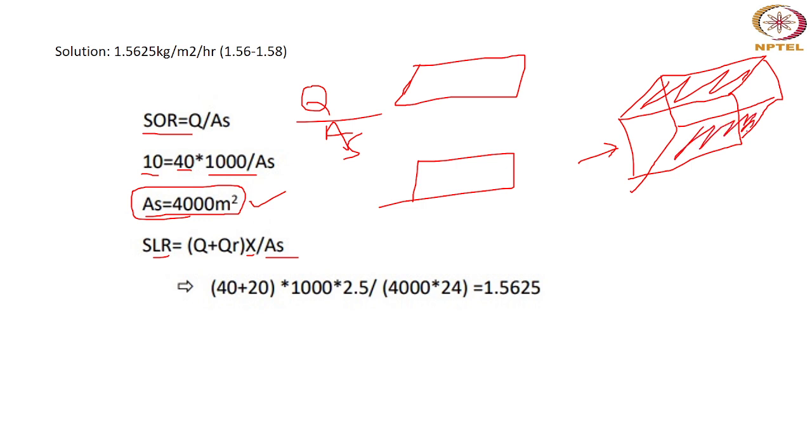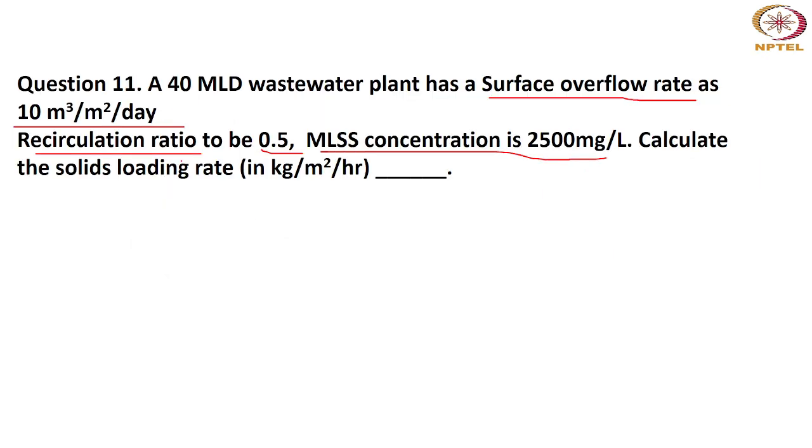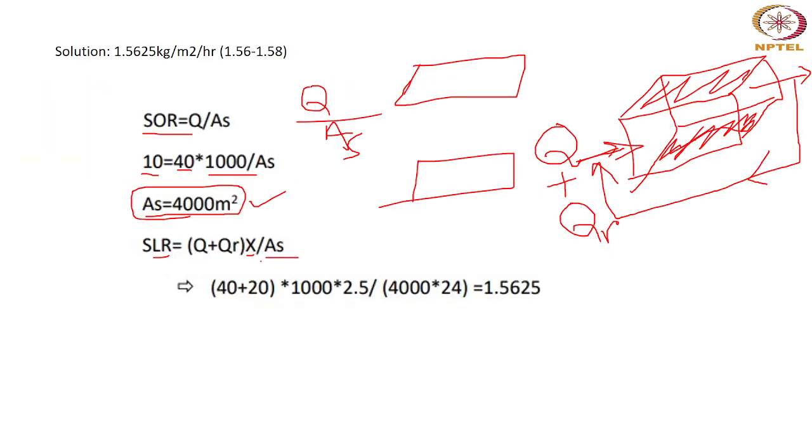So whatever flow is coming, how much is coming? Q plus QR, whatever recycled flow is coming out from here. This is the QR going out. And the RR was given as how much? 0.5, right? That is the half. So if Q is 40, then this will be 20, right?